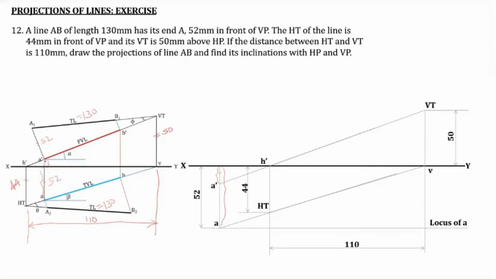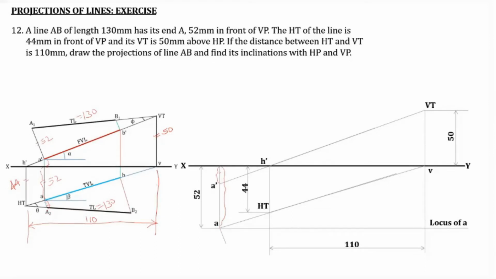So now we draw this small distance towards this side of HT, I mean this side of AB, so that this distance is equal to this distance that we know. So we draw this distance to here, so that we will get point A2.